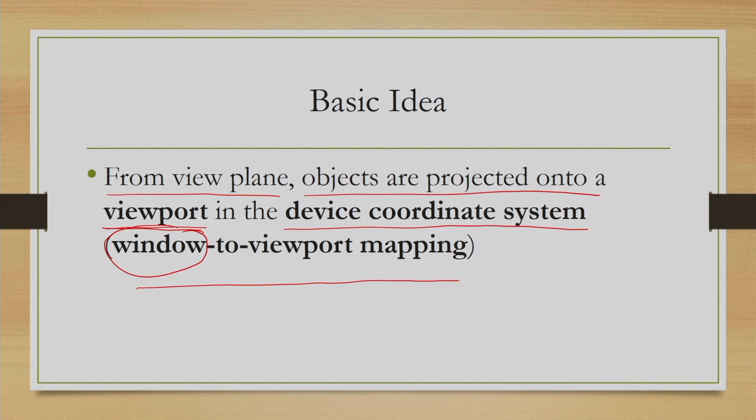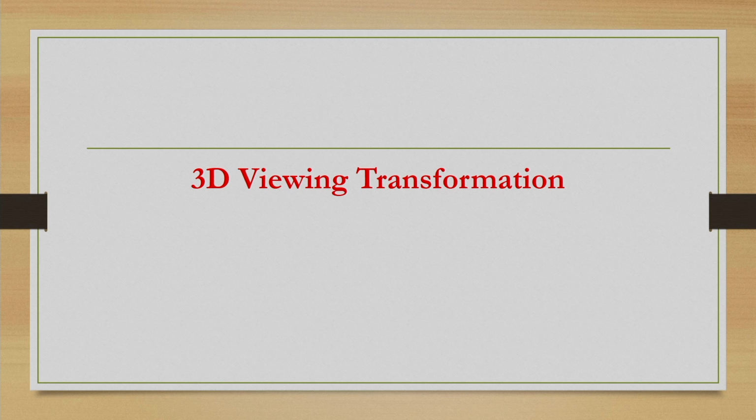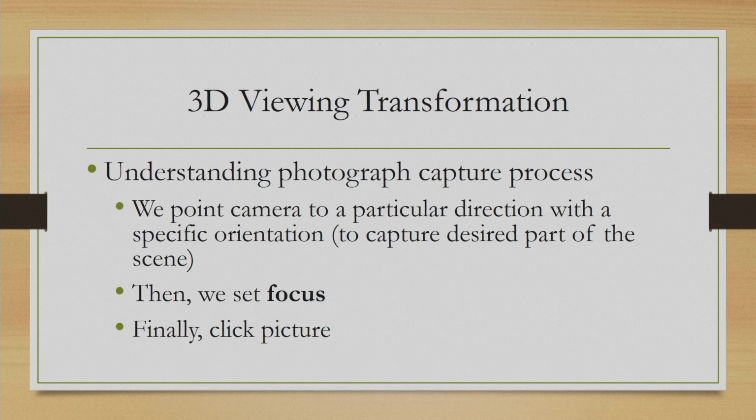So, let us start with the first substage, that is 3D viewing transformation. Now, in order to understand this transformation, we need to understand how a photograph is taken. So, there are broadly three stages through which we capture a photo.